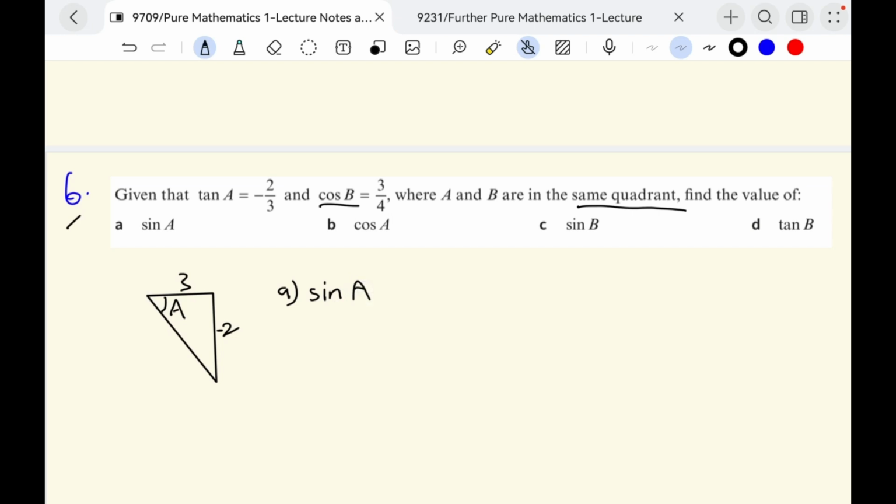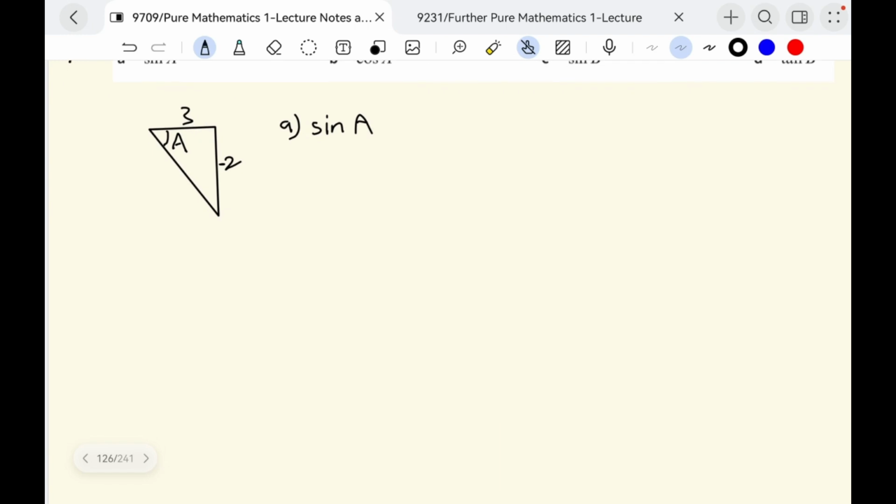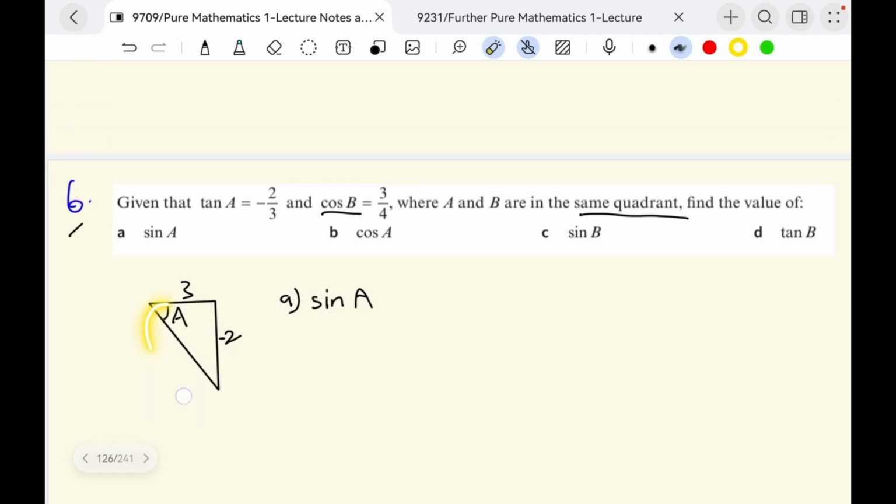So how to get sine A? Okay, by using the Pythagoras theorem to find the length of the hypotenuse. So h equals the square root of 3 squared plus negative 2 squared, which is the square root of 9 plus 4, which is the square root of 13.